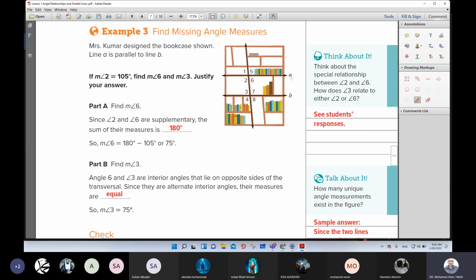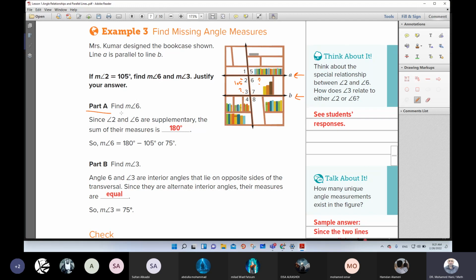We have line A, which is parallel to line B. If the measurement of angle 2 is 105, find the measurement of angle 6 and angle 3. Justify your answer.